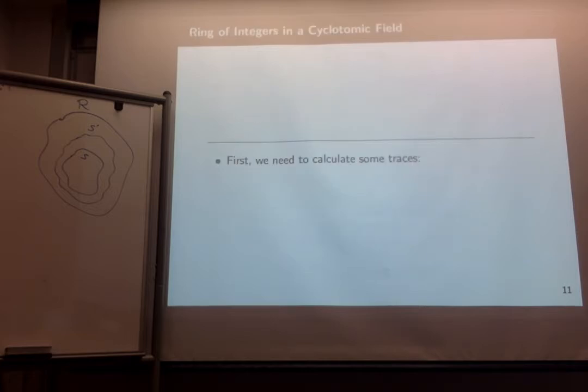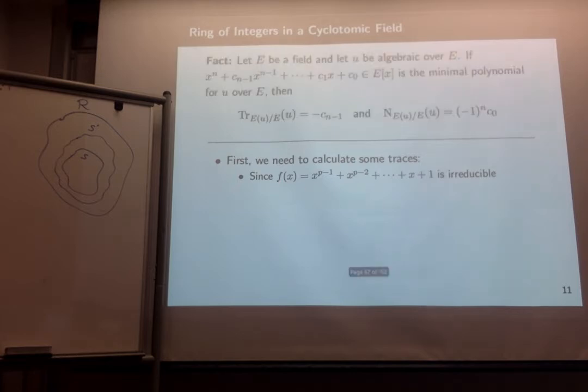So first we need to calculate some traces. Since this is an irreducible polynomial, we can use the following fact, something which I won't prove, just some facts about the trace. If E is a field and I have an element u that's algebraic over E, and I have this expression for the minimal polynomial for u over E, then the trace of u with respect to these fields is the negative of the second coefficient in its minimal polynomial.